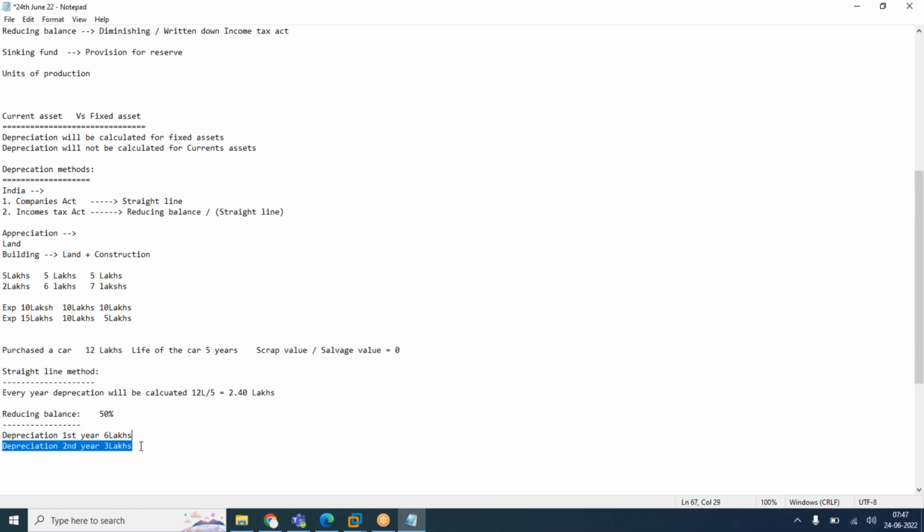Third year, it will be 1.5 lakhs. Fourth year, 75,000.